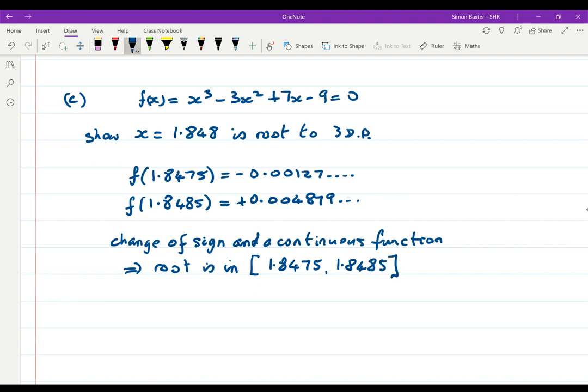And because we chose the right interval, that means the root is 1.848 to 3 decimal places.